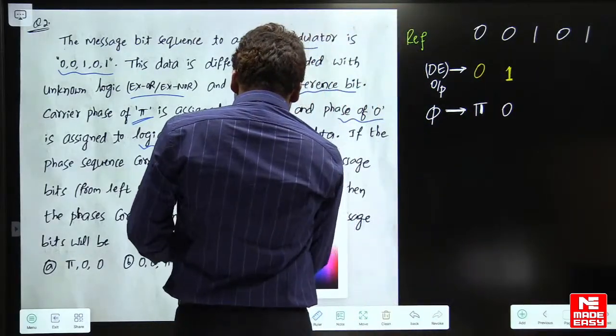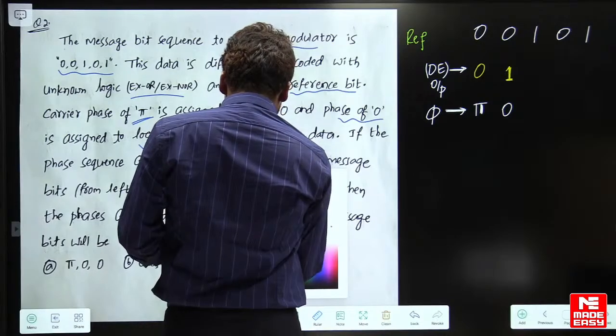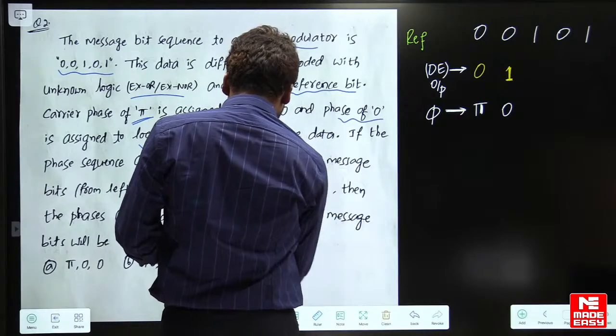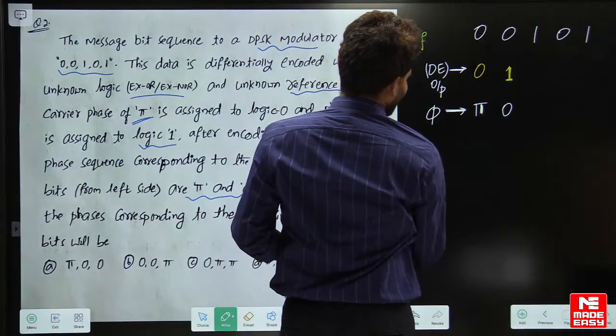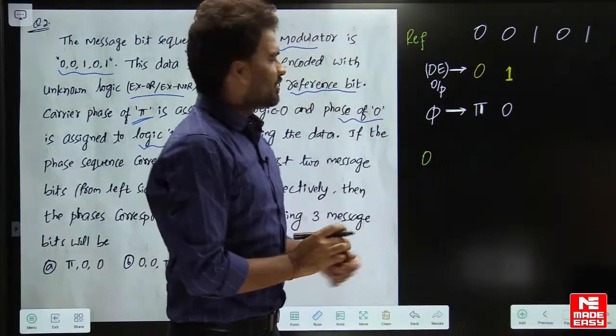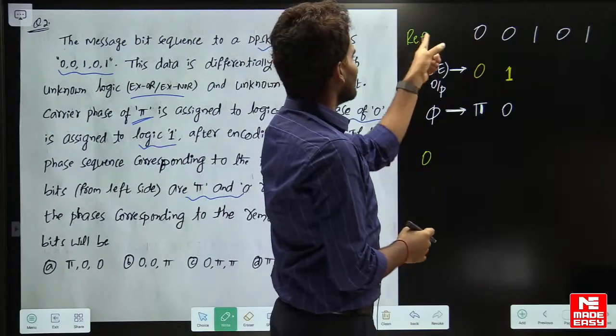How the differential encoding will be done is that the first message bit 0 is XOR or XNOR with the reference bit.